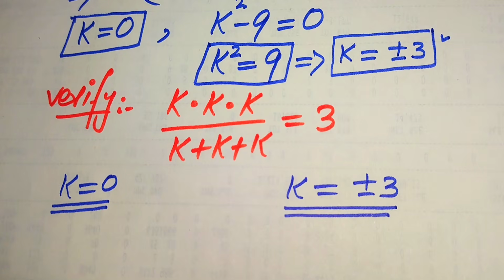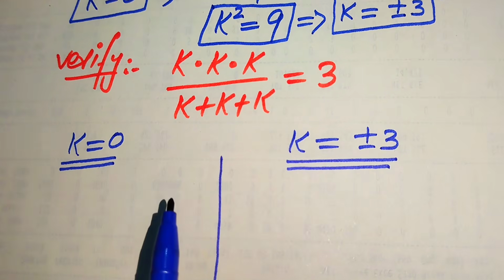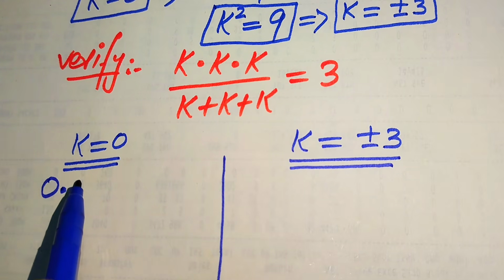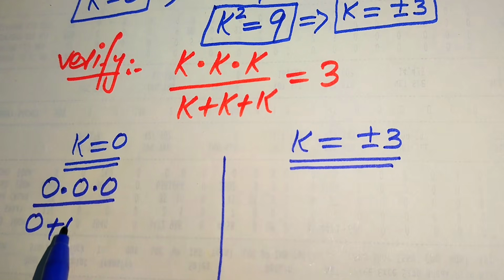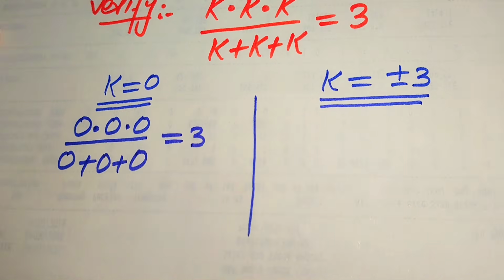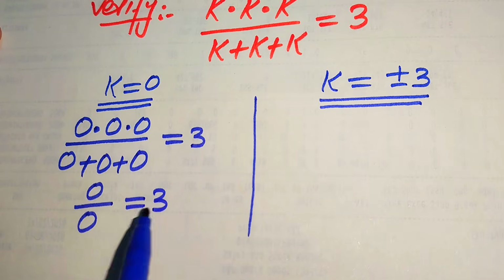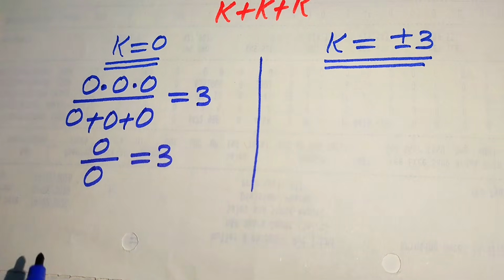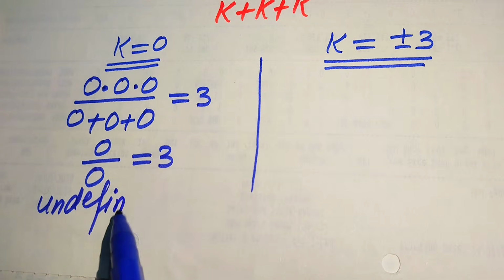Now first we verify k is equal to 0. When we verify k equals 0, we substitute it into the left hand side, and it will be written as 0 multiplied by 0 multiplied by 0 divided by 0 plus 0 plus 0 is equal to 3. So here we obtain the 0 over 0 form is equal to 3, and the 0 over 0 form is usually called an indeterminate form, or in other words we say that it is an undefined form.